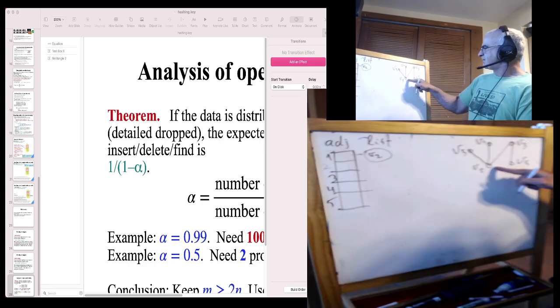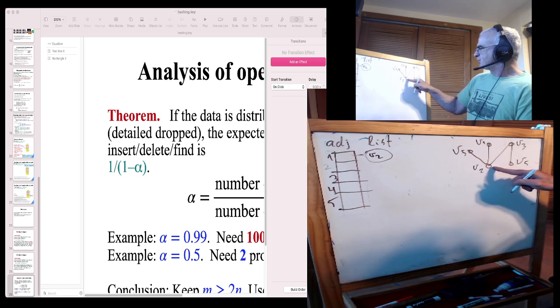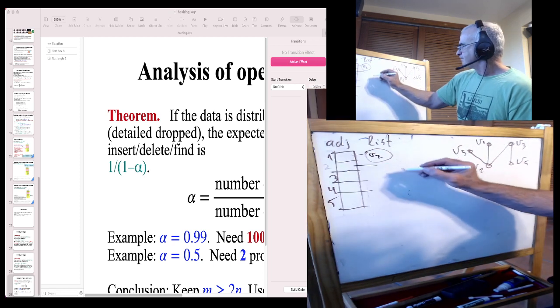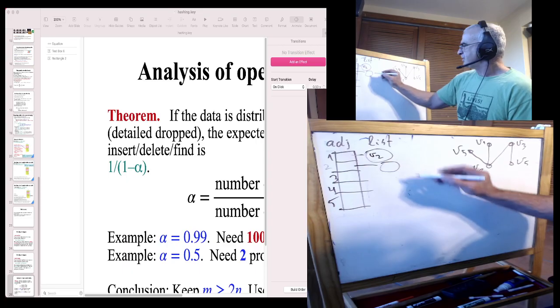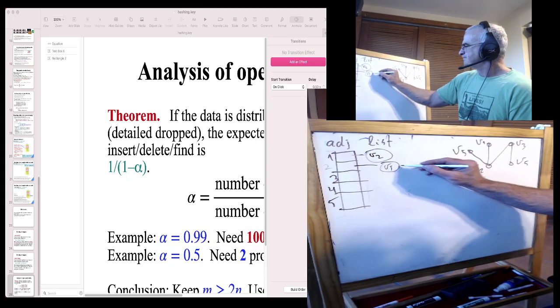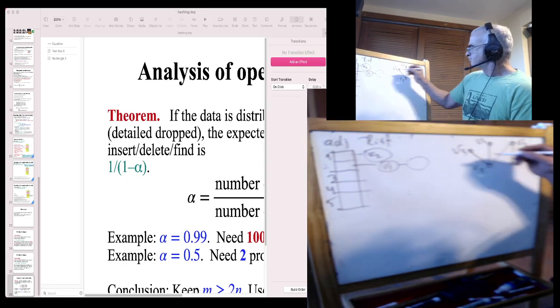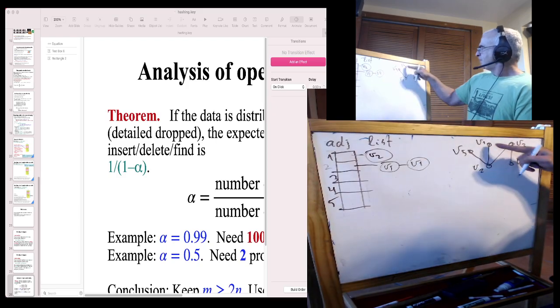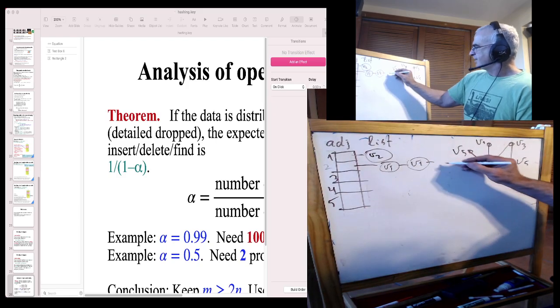The list of vertex 2, which is quite social, contains V5, V1, and V3.